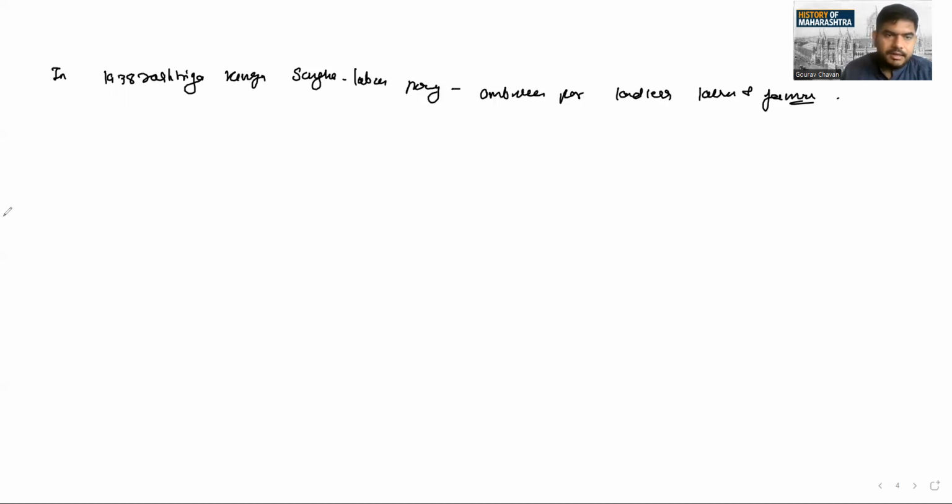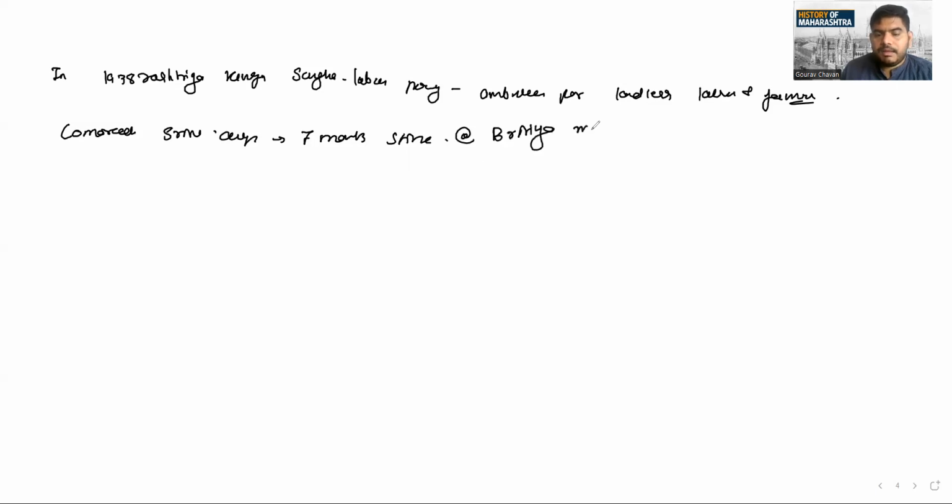And finally, the last point in this context: under Comrade Sripad Dange, there was a 7-month strike at Britannia Mill in Mumbai in 1939.